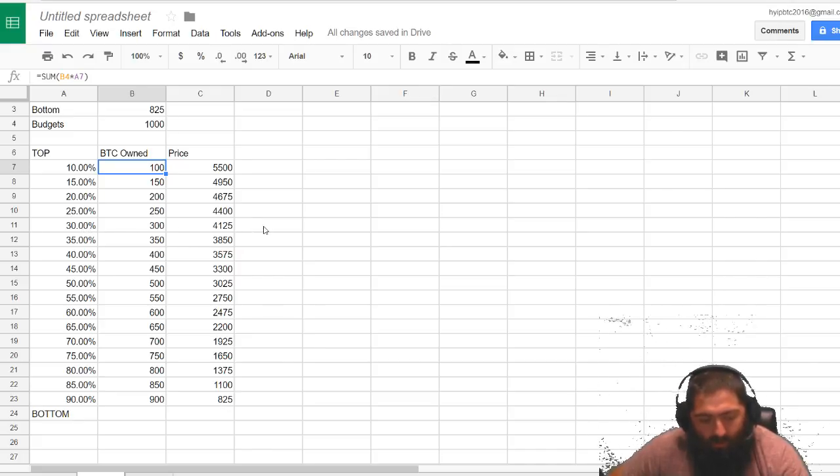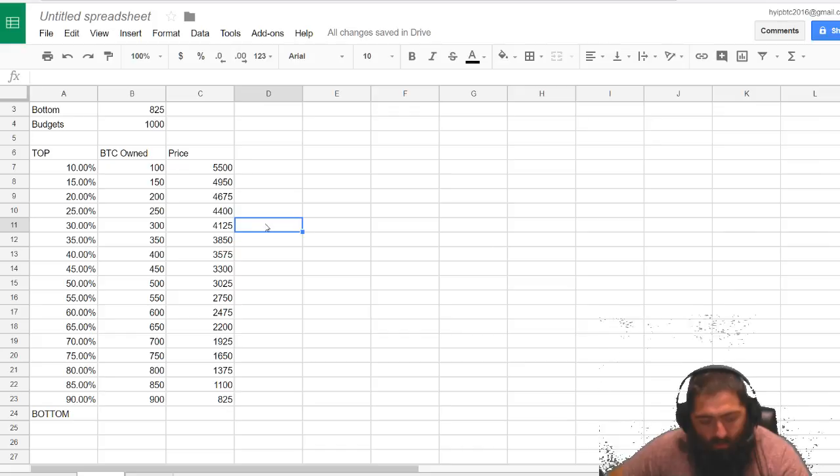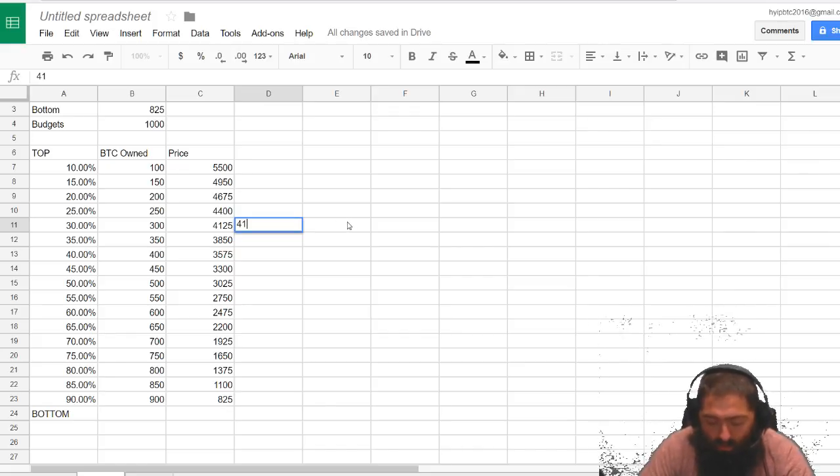So then I adjust at 30%, 41.25. 41.25 is not going to work out well over here. It's going to hit this and then bounce back up. So I want this number, my 30%, I want that at 41.35.